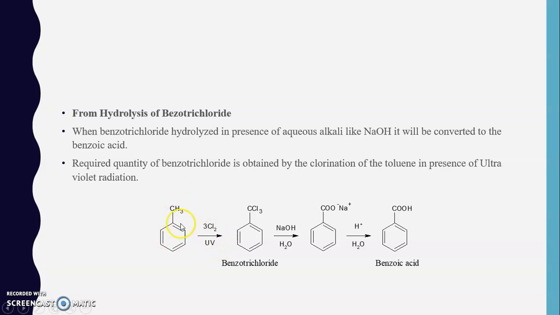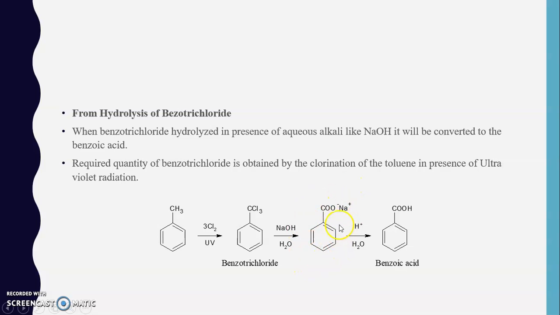So toluene, when it undergoes chlorination in the presence of ultraviolet radiation, will be converted to benzotrichloride, and this is the compound from which we carry out the synthesis of benzoic acid. This benzotrichloride, when it undergoes hydrolysis in the presence of aqueous alkali, that is sodium hydroxide, or we can use potassium hydroxide also, leads to the formation of sodium benzoate.